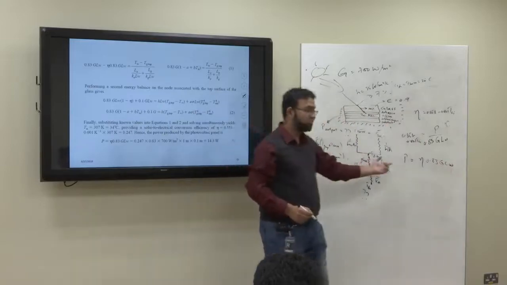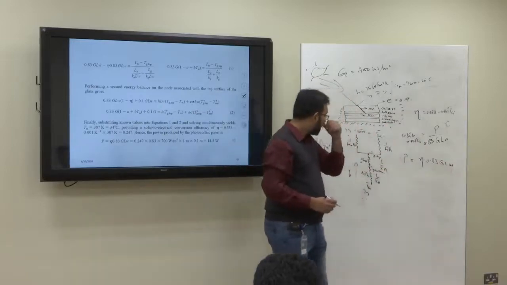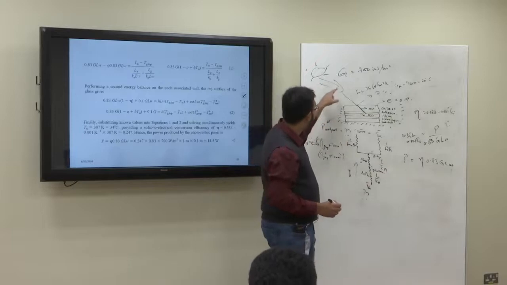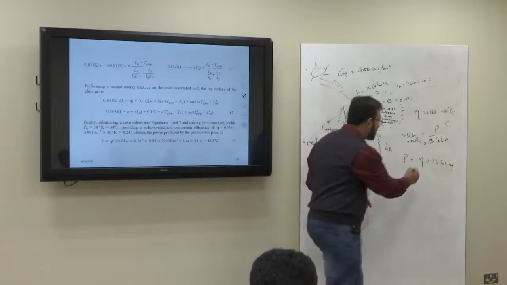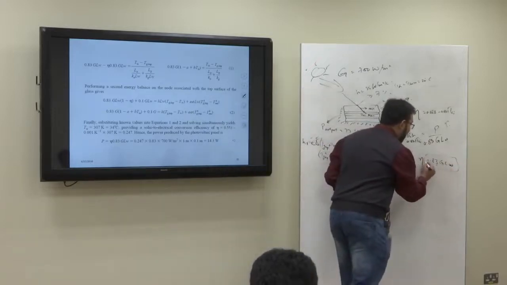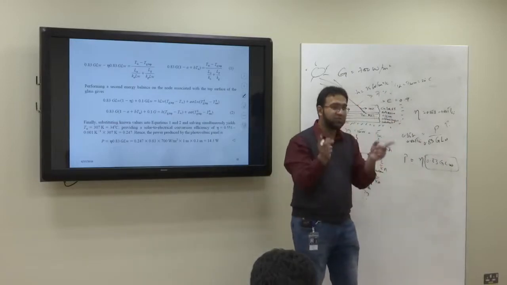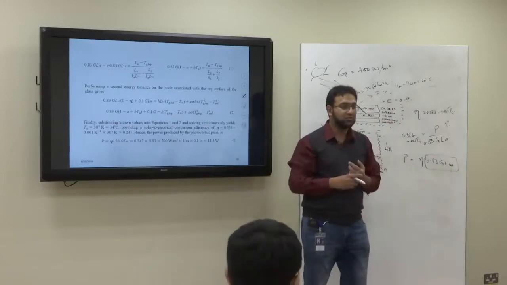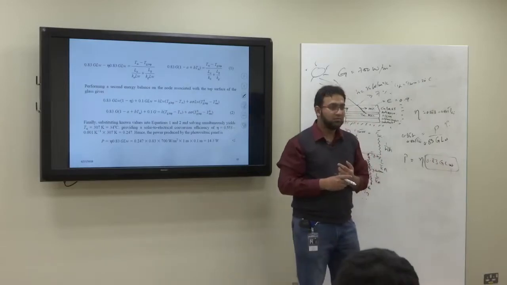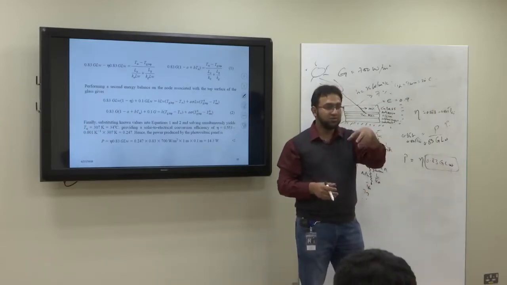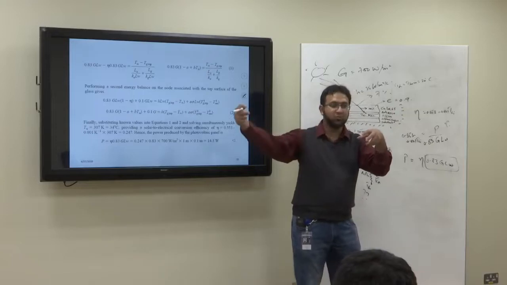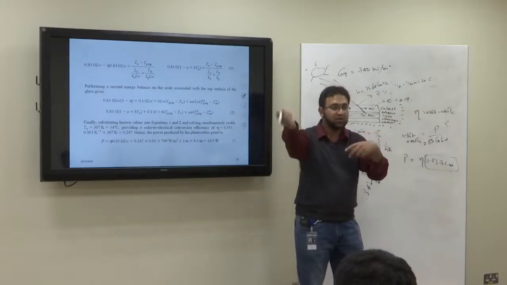This will be the power produced. Now, this was the total amount of energy falling on the silicon. This is the power produced. So, the difference will be the amount of heat. 100 energy was coming, 80 was used to produce electrical power, then the remaining 20 is the heat.